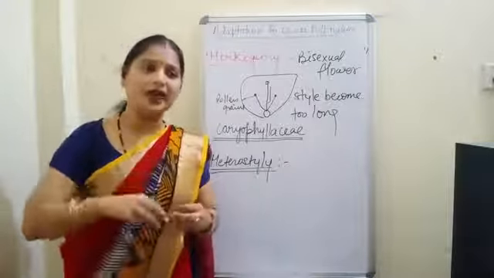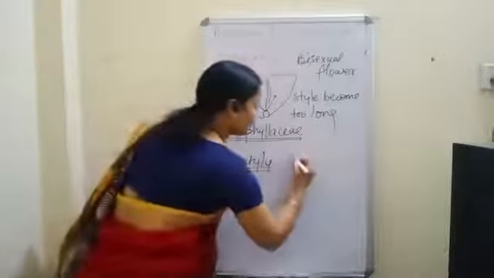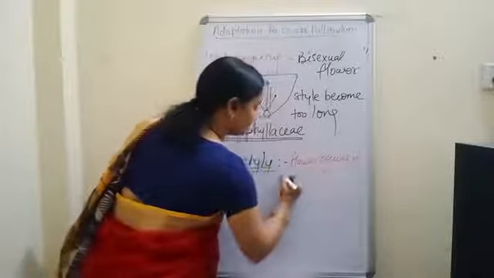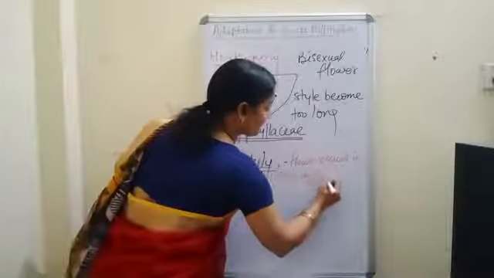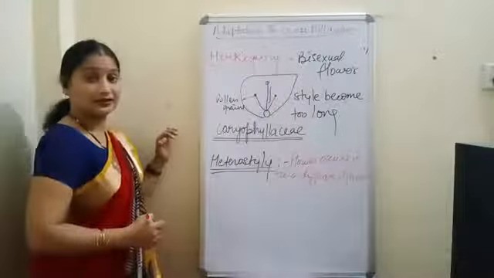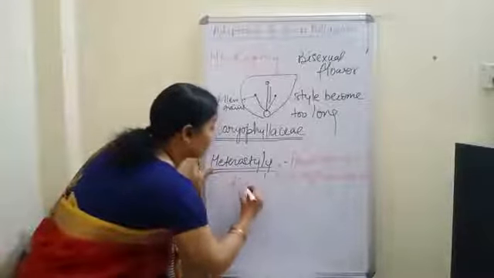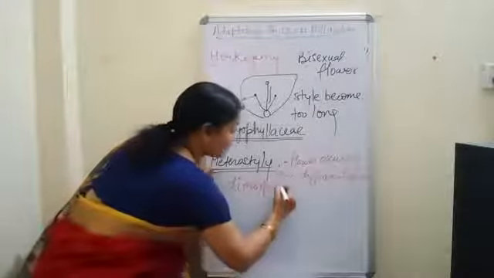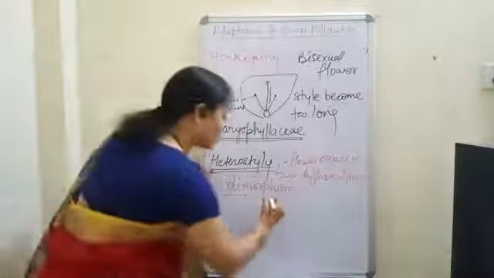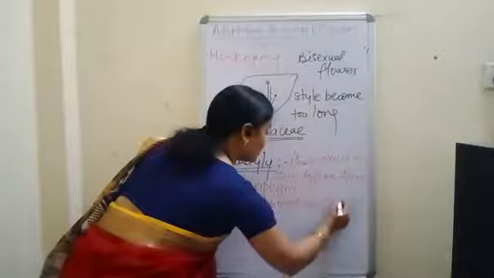That is, a flower occurs in two different forms. Okay, let me write. Flower occurs in two different forms. Clear? Then this is called heterostyle and dimorphism. The condition is dimorphism and the flower is called the dimorphic flower.